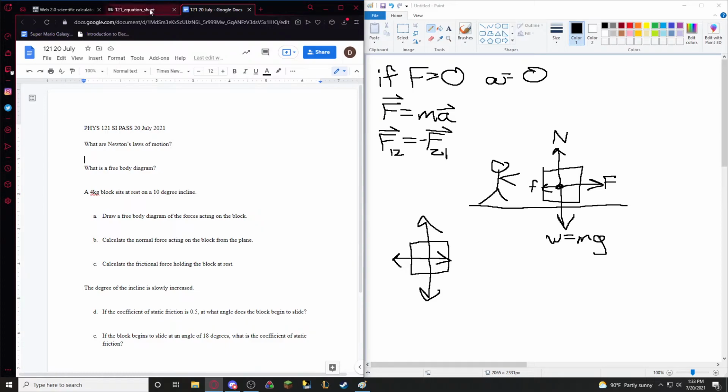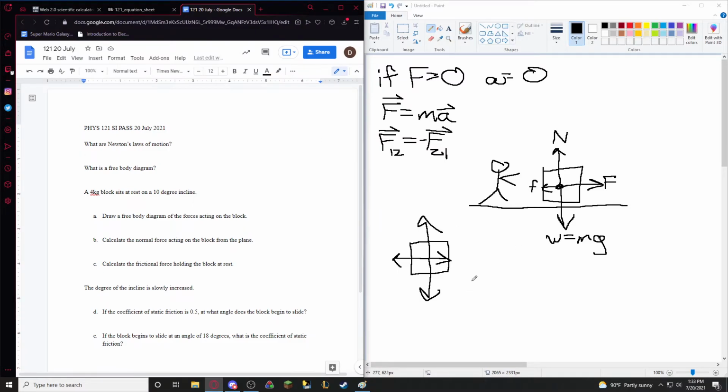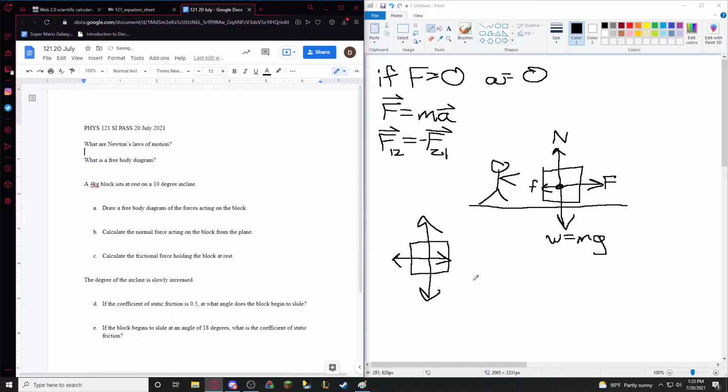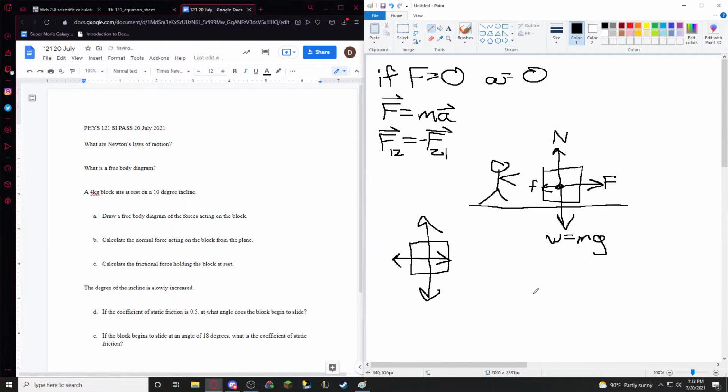Exactly. So our static frictional force, Fs, I'll actually go ahead and write this. We have our static frictional force. Fs is always going to be less than or equal to the coefficient of static friction times the normal force.